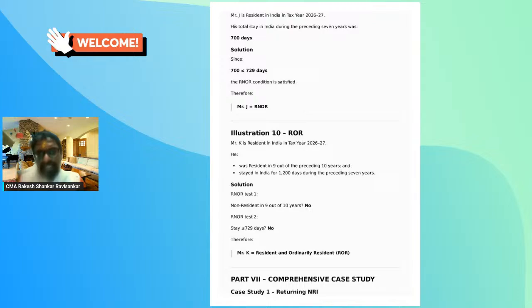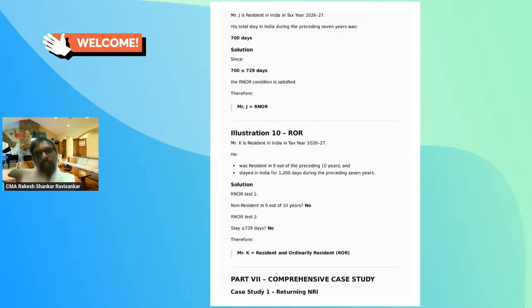Next, Mr. K is a resident in India in the tax year 2026-27. He was a resident in 9 out of 10 preceding years. He has stayed in India for more than 1,200 days during the preceding 7 years. During the preceding 7 years, the stay should be less than 729 days.